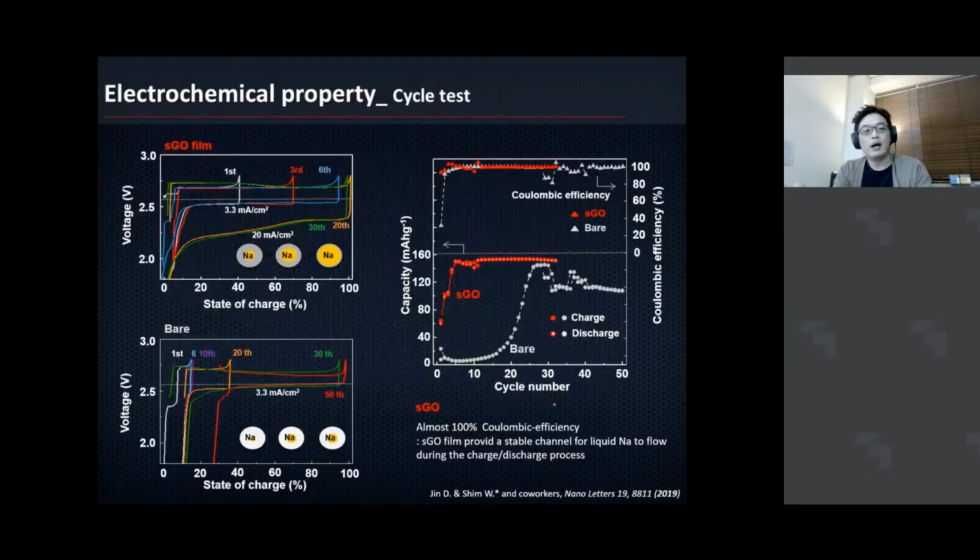Okay, so we don't have to look at the details, but the concept is that by using these types of materials that enhance the wettability of liquid metal, you can increase the battery performance. That's one of the concepts.